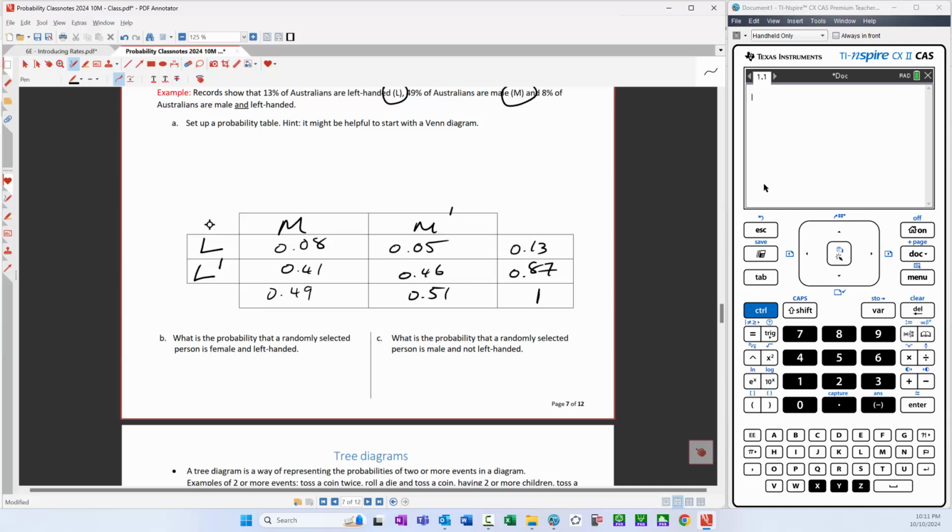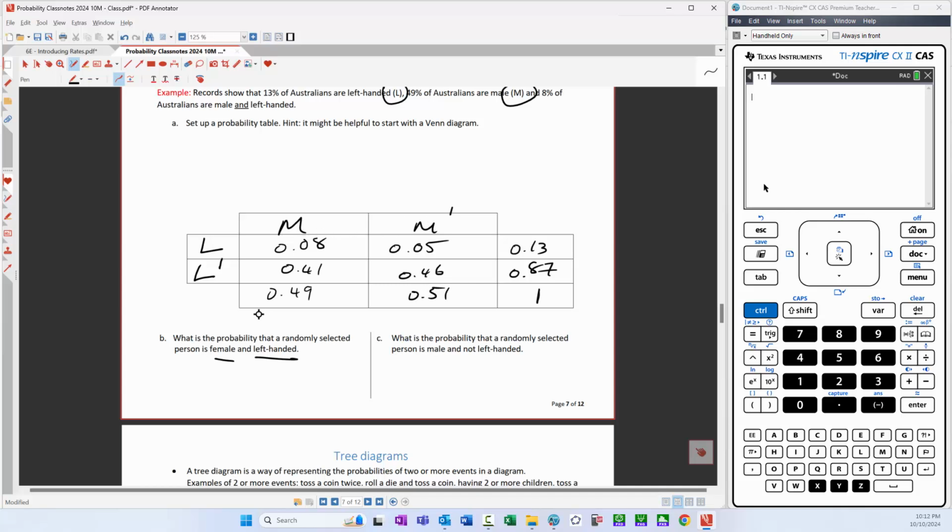Now it becomes really easy to answer the problem. What is the probability that a randomly selected person is female and left-handed? Okay, so not male, we're going to consider it female in this case, although the example doesn't account for the growing trend of people neither identifying as male or female, but we won't go into it in this example.